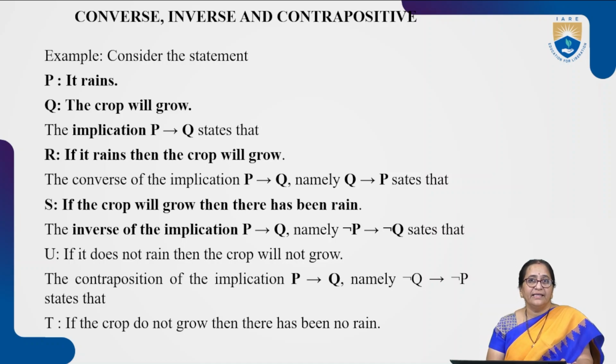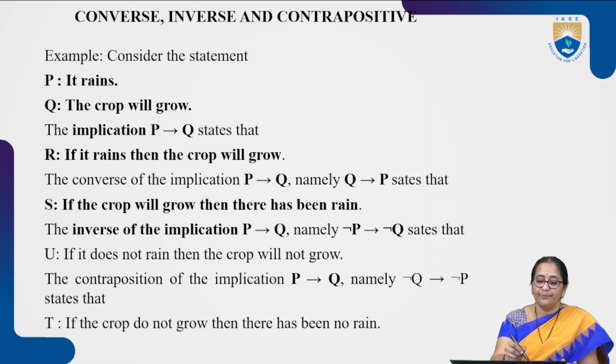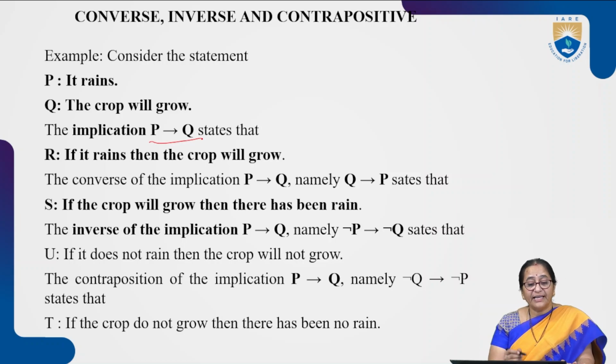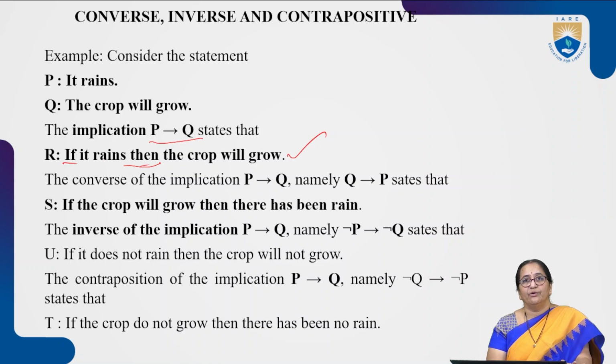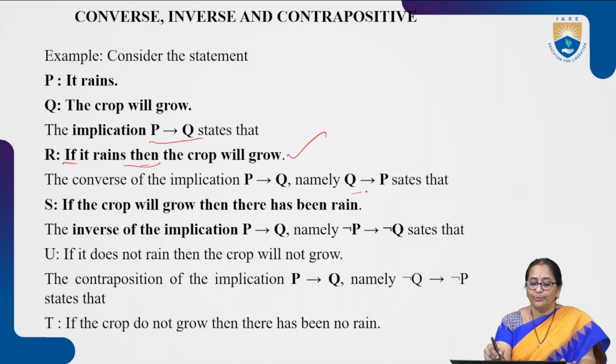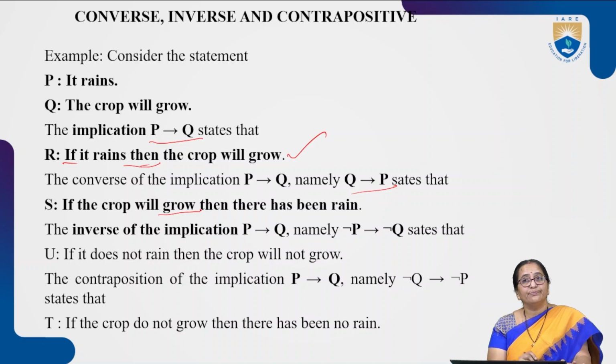Example: if it is raining, the crop will grow. The implication formula P to Q states that if it rains, then the crop will grow. The converse of the implication is Q to P: if the crop grows, then there has been rain. Yes, this is also true.